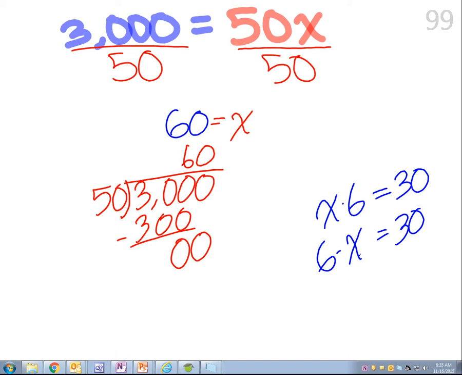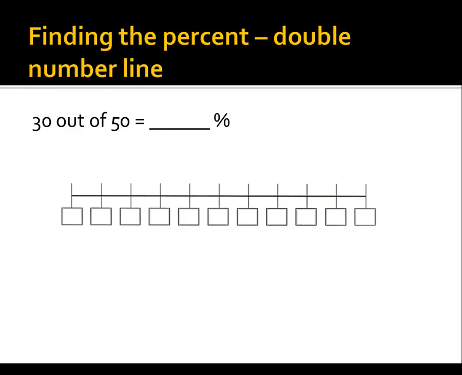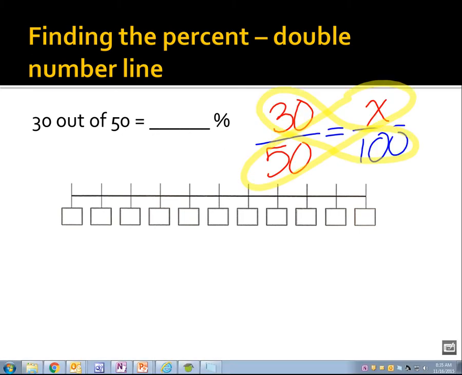So I have x equals 60. 30 out of 50. So I got 60, and it's a 60, what? Percent. Beautiful. 60%.